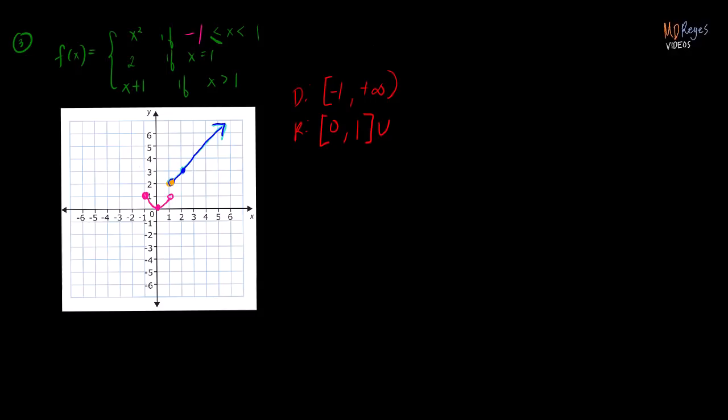So union from 2 to positive infinity. Just to say that all the numbers in between 1 and 2 are not included in the range. So that's how you write the range if there is a space in the graph. Alright?